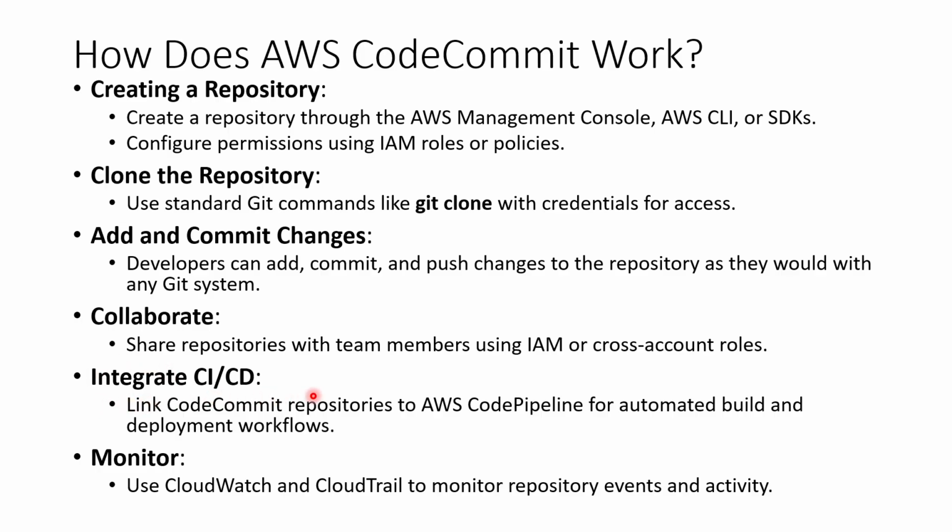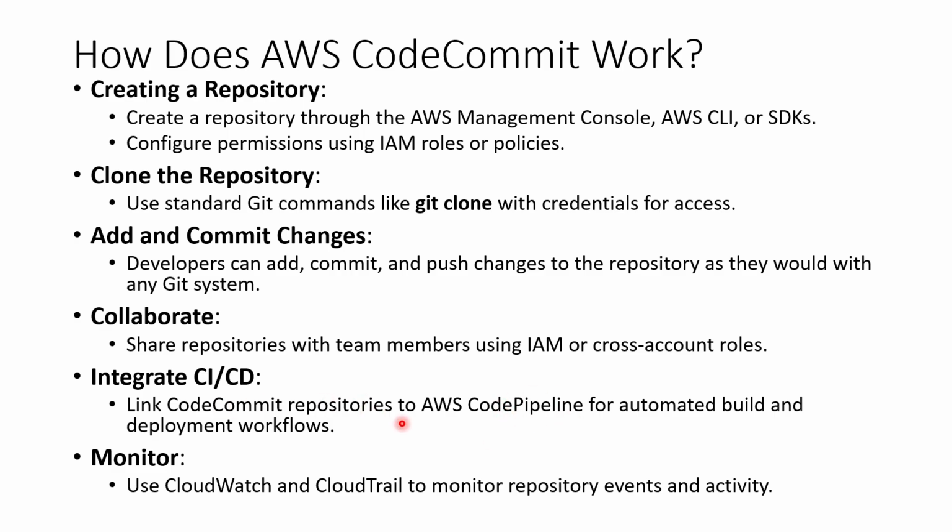Integrate CI/CD, continuous integration and deployment, by linking CodeCommit repositories to AWS CodePipeline for automated builds. For integration and deployment we used to use Jenkins; likewise, the Jenkins part of the work is taken care of by CodePipeline here.